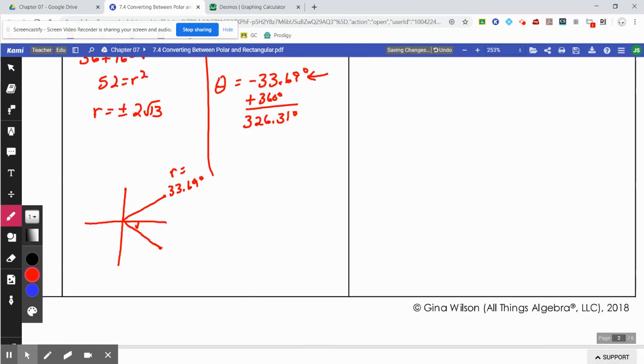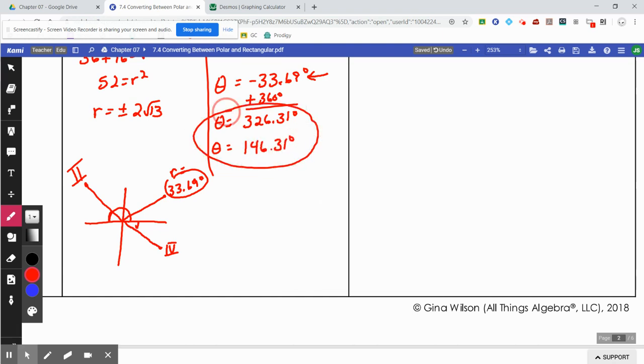Tangent is negative down here in this fourth quadrant, but tangent is also negative over here in the second quadrant. So I need this second quadrant angle that has a reference of 33.69. So do 180 minus 33.69, and that's going to give you your other angle for theta. So theta is not only equal to this, but theta is also equal to 146.31 degrees. So there's your two thetas, theta 1 and theta 2 if you want to call them that.